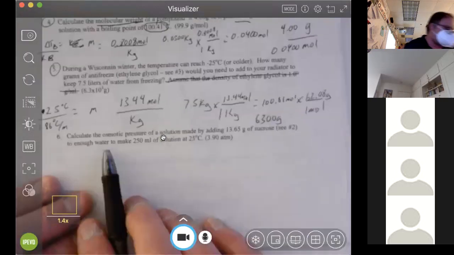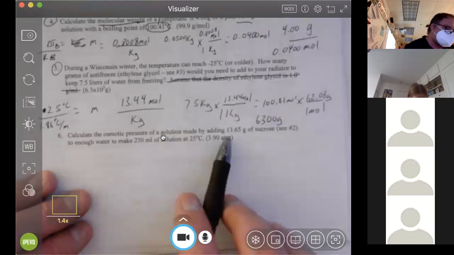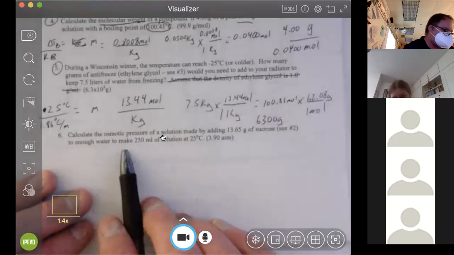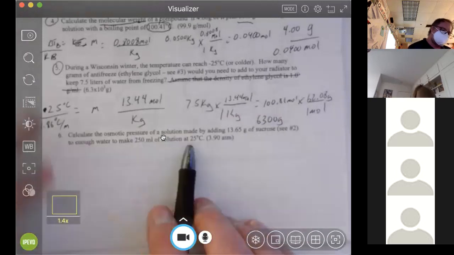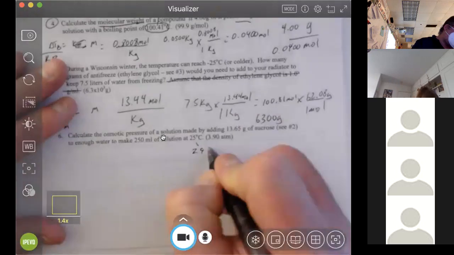It says calculate the osmotic pressure of a solution made by adding 13.65 grams of sucrose to enough water to make 250 milliliters of solution at 25 degrees Celsius. Right away, we're going to change that to Kelvin.